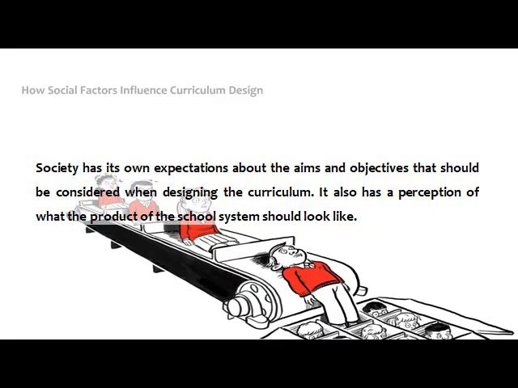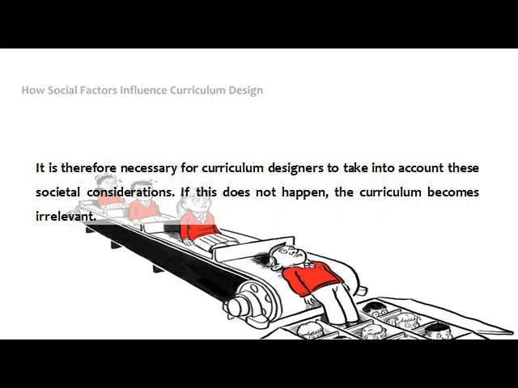It also has its own perception of what the product of the school system should look like. It is therefore necessary for curriculum designers to take into account these societal considerations. If this does not happen, the curriculum becomes irrelevant.